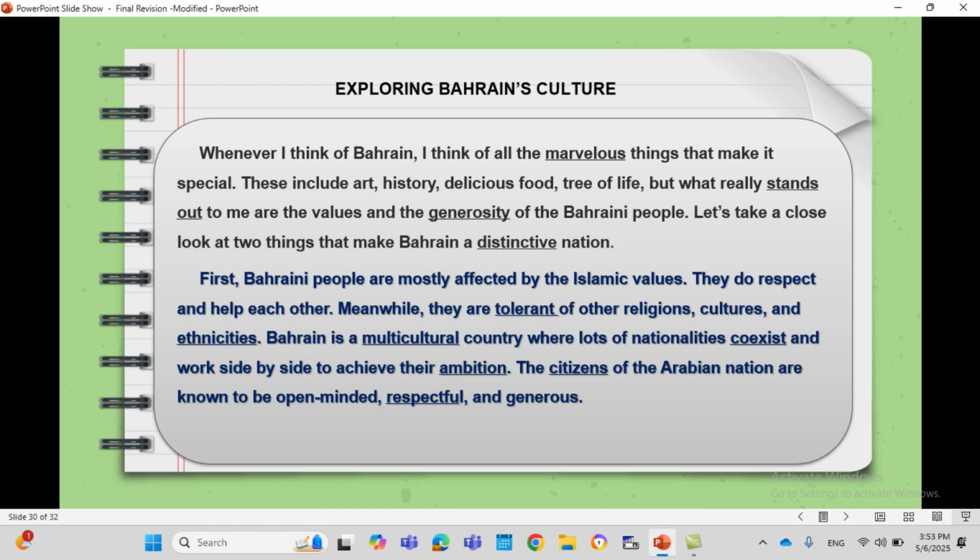The citizens of the Arabian nations are known to be open-minded, respectful, and generous. So in this paragraph we mention different personal traits of the Bahraini people.